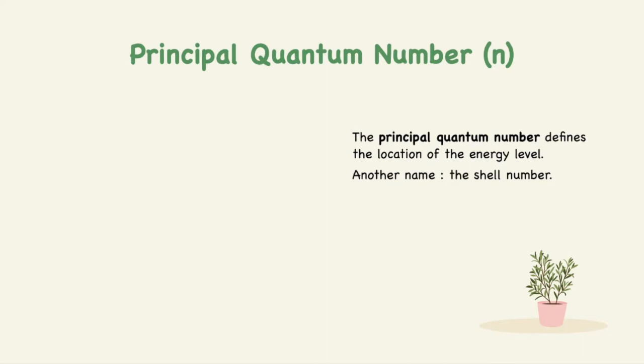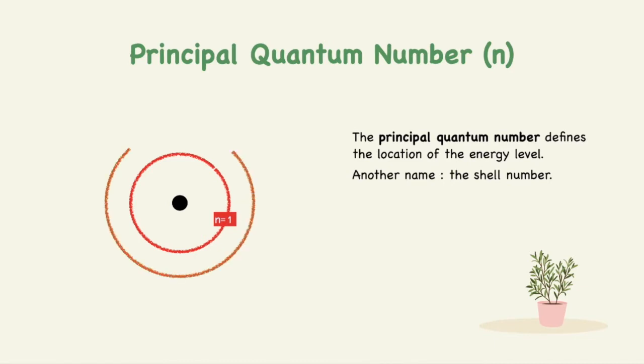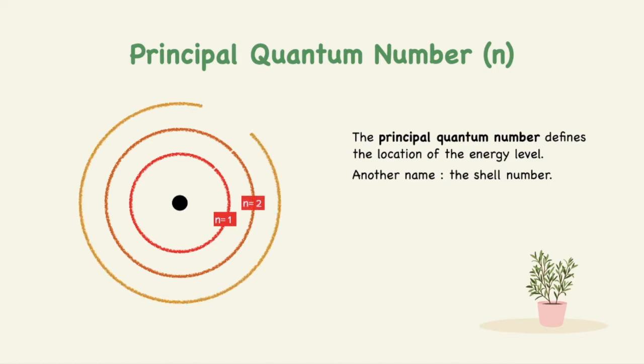This is the same shell that we're talking about. If we have an electron in the first shell, n will equal 1. If we have an electron in the second shell, n will be 2, and so on.